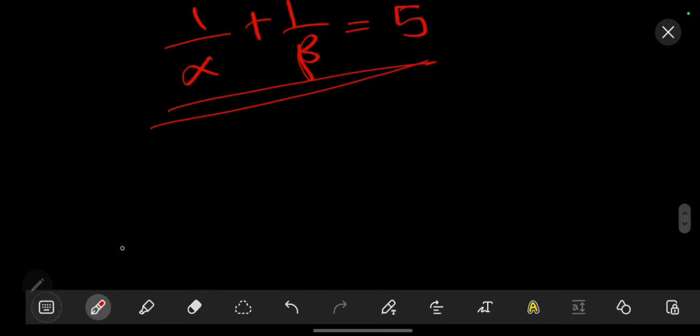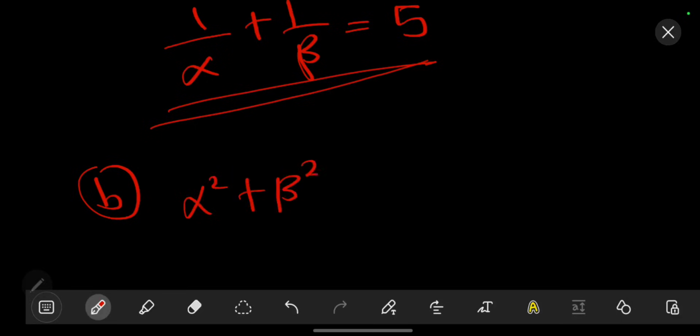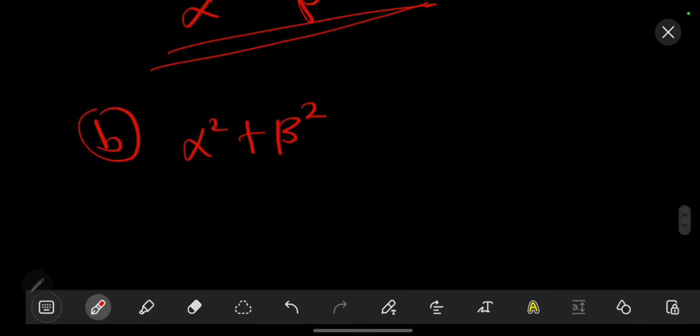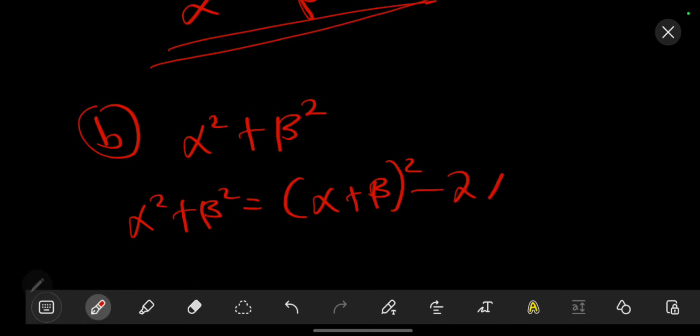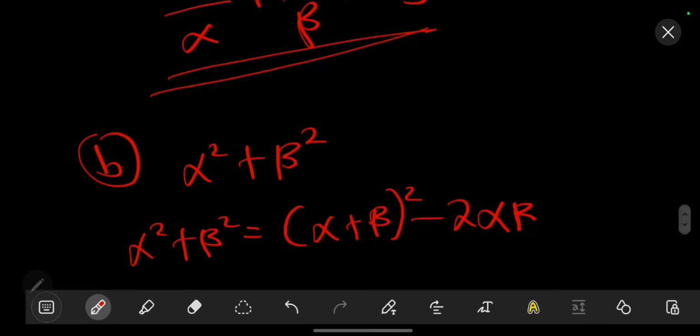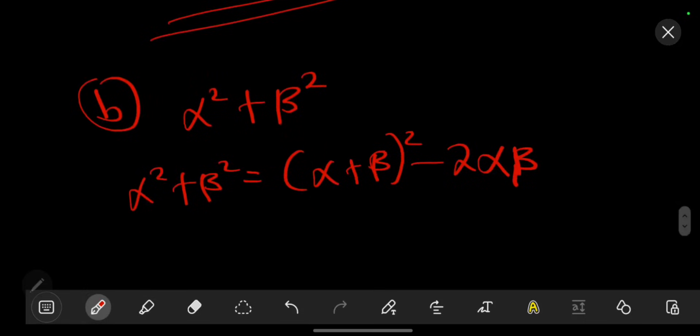So we have, let's say for part b, we are required to find the value of alpha squared plus beta squared. So now, the identity for this one, we know that alpha squared plus beta squared is alpha plus beta, then we have squared, then we are going to have minus 2 alpha beta like that. So this is the identity for this one.